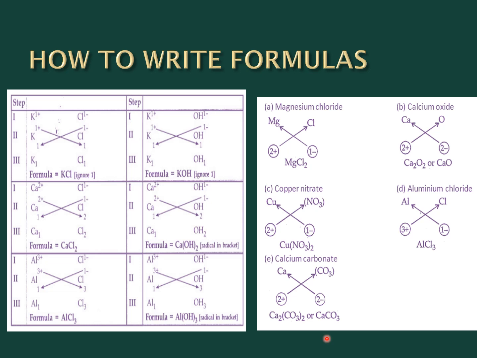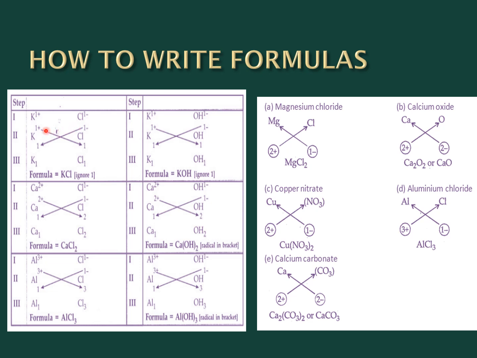Now coming to the main thing, how to write formulas. First example, I have taken up potassium chloride. In step 1 we have to write down the symbols. Symbol of potassium is K, symbol of chloride is Cl. In the next step, we have to write down their valency.